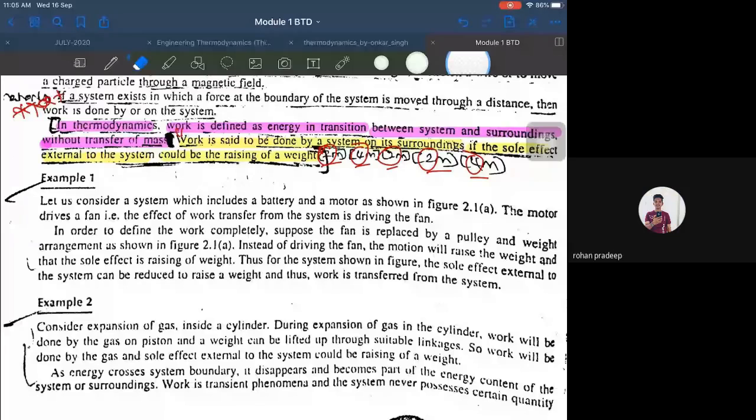Hello, sir. Have you called my name? I have a network issue. Rohan Pradeep. Just a minute, let me check. Rohan Pradeep, what's your register number? 4MT16MT035. Okay.